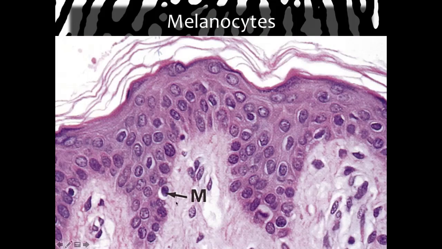So the cytoplasm of melanocytes is much lighter than the cytoplasm of neighborhood adjacent cells, as you can see here. Okay, that's just when we were talking about the pigmentation, the skin pigment.